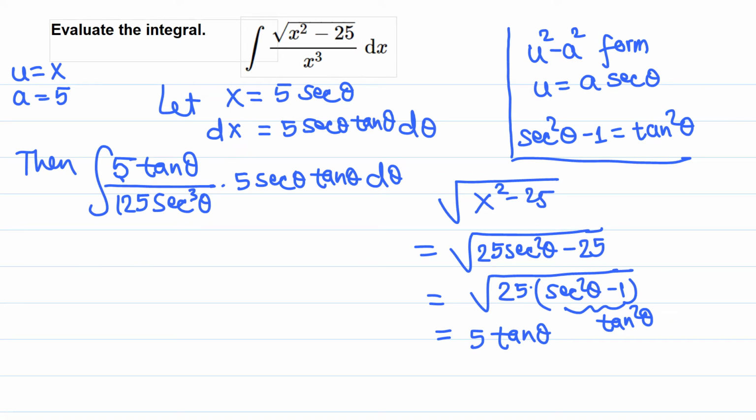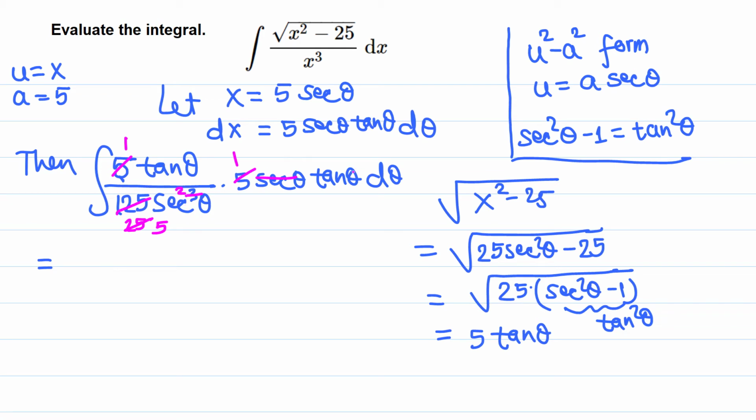Now let's simplify this. 5 goes into 25 five times, 5 over 5 is once. Secant cubed means we have 3 copies of secant on the bottom. One copy cancels, so 2 copies are left on the bottom.